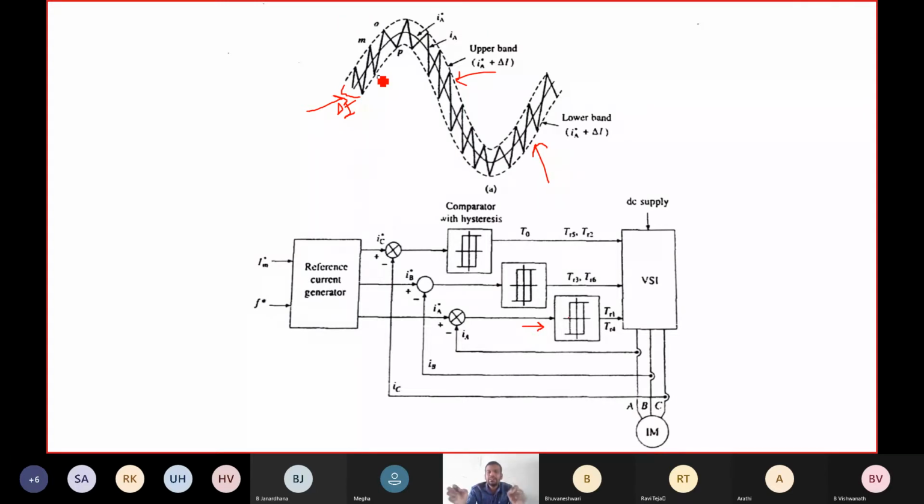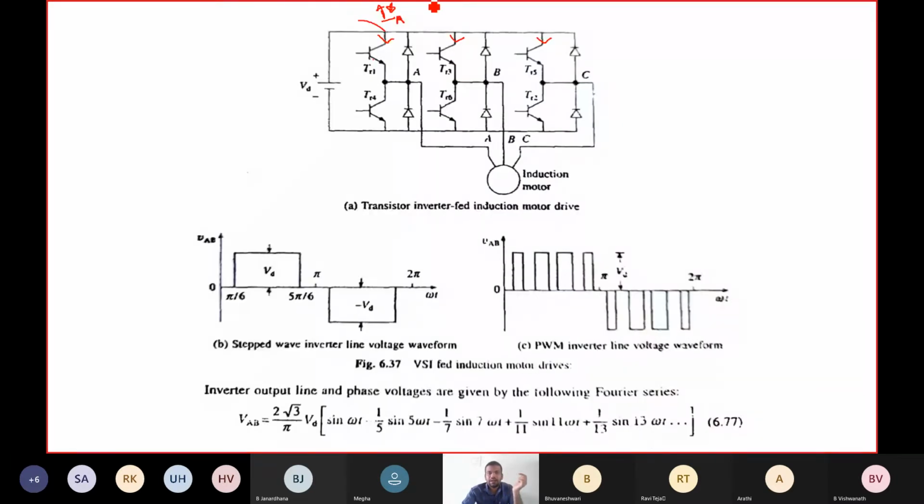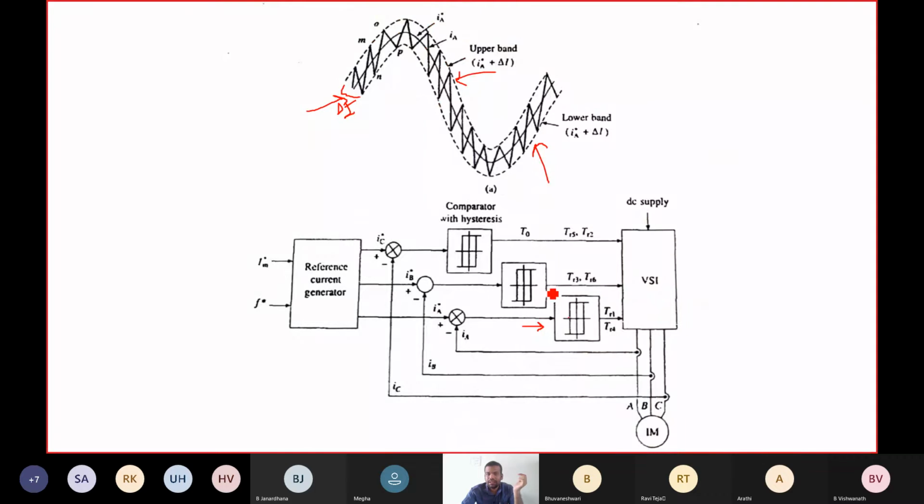In phase A, TR1 and TR4 are connected. In phase B, TR3 and TR6 are connected. In phase C, TR5 and TR2 are connected.